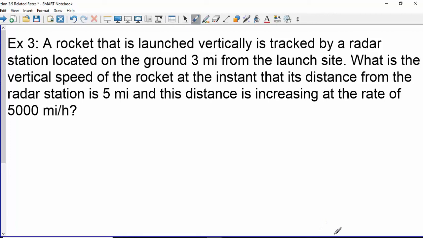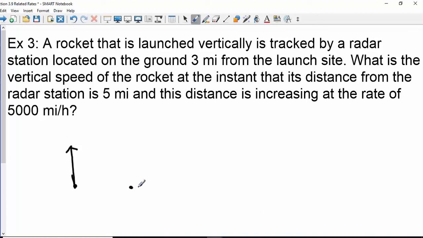Next. I want you guys to take a second, see if you can read this and draw a picture. Don't try to set up anything else, just try to draw a picture. So now a rocket is being launched vertically, so it's going up. It's tracked by a radar station on the ground 3 miles from the launch site.